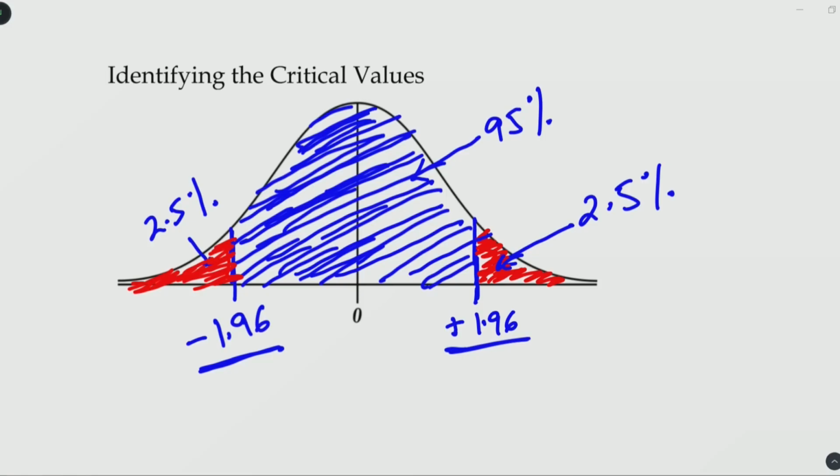In other words, the objective over here was simply to find the critical values which are positive 1.96 and negative 1.96. What has to be done with these critical values, we will see in our solution, but what we wanted we have done over here.